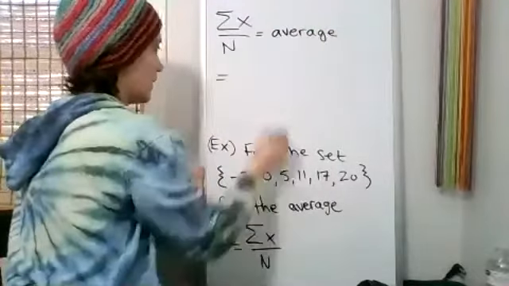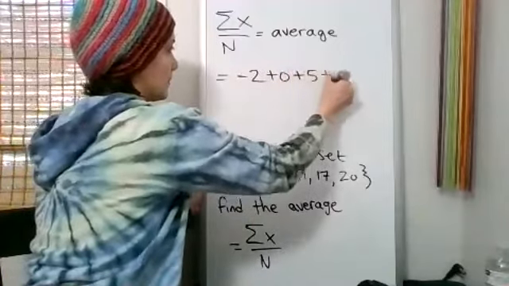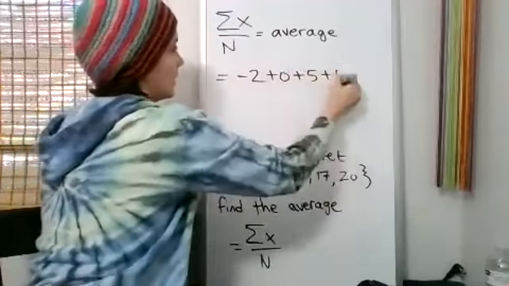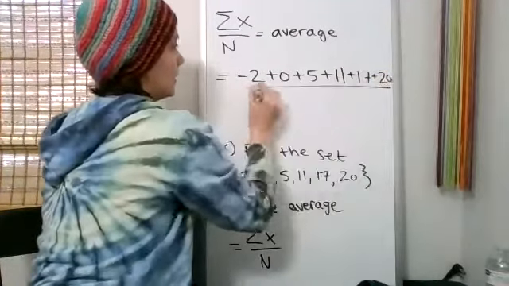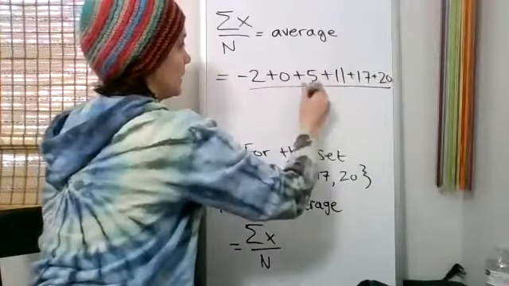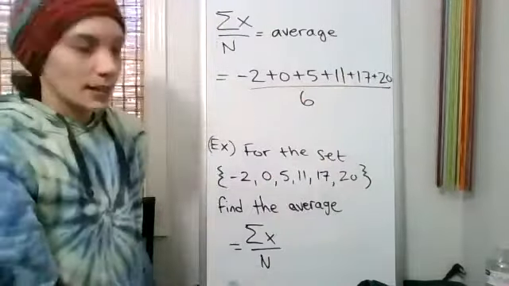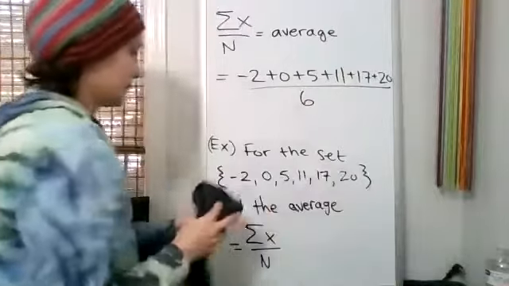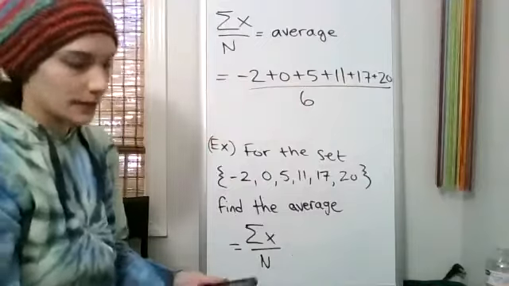-2 plus 0 plus 5, 11, 17. And there are 1, 2, 3, 4, 5, 6 of these. Well, just going to find the answer.